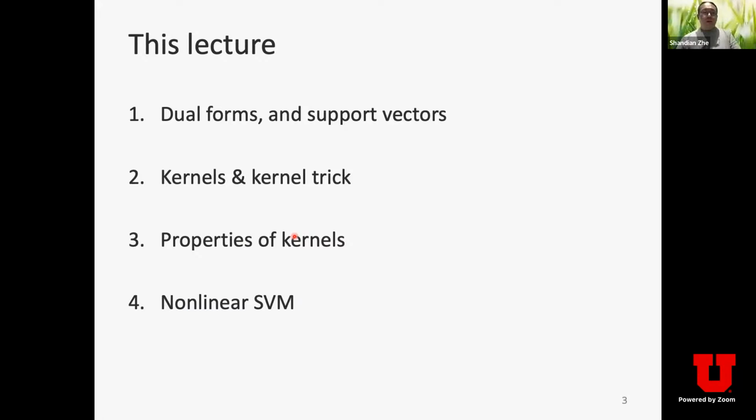This last piece of topics is a little bit mathematical. Although at the end you will see that your implementation of nonlinear SVM is extremely simple, 5 lines of code.